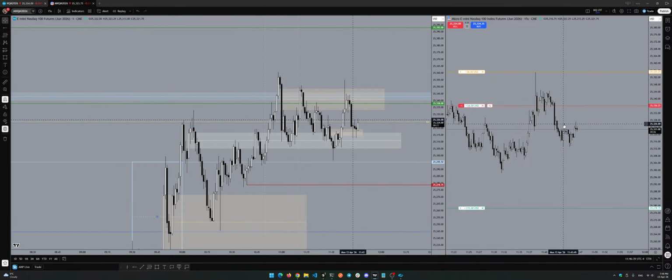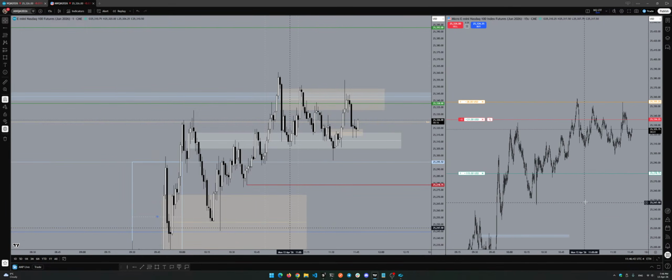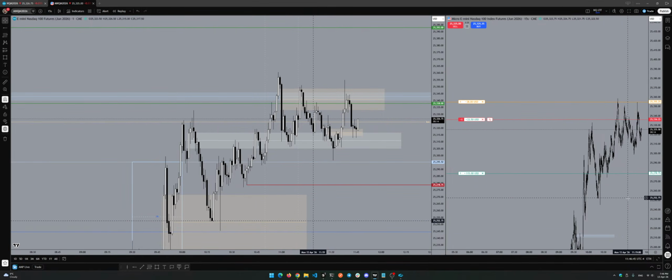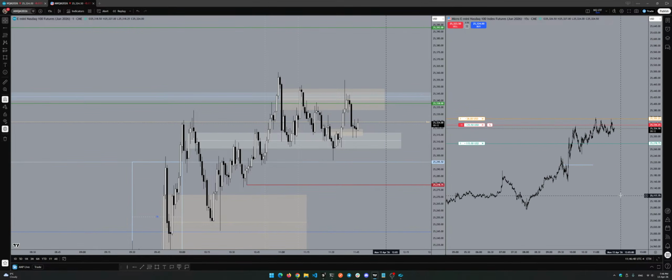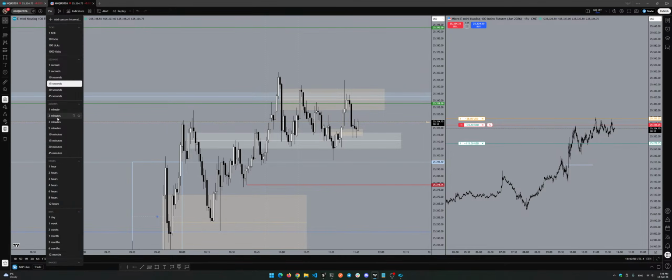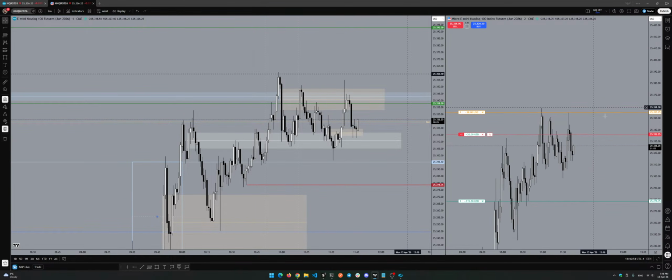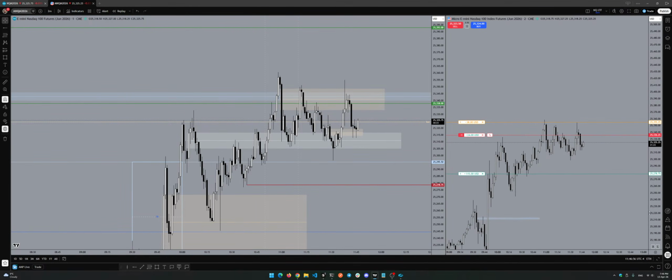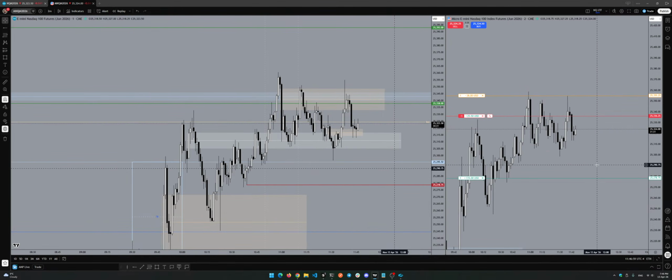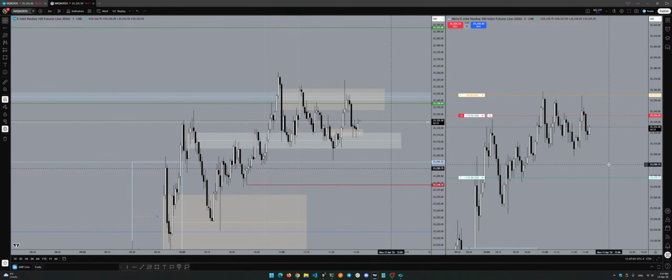Raided a minor high. This high was taken this week. This is the 2-minute. Low taken, high taken.